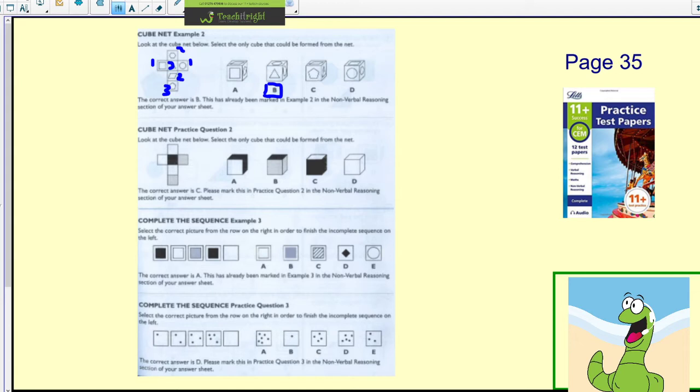Complete the sequence. Example 3. Select the correct picture from the row on the right in order to finish the incomplete sequence on the left.